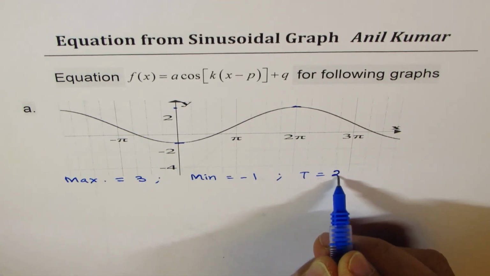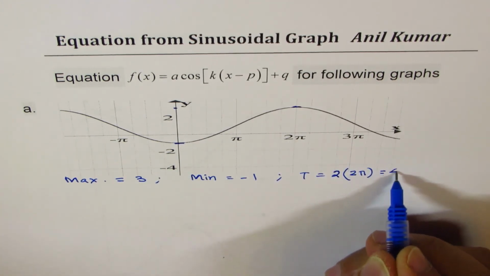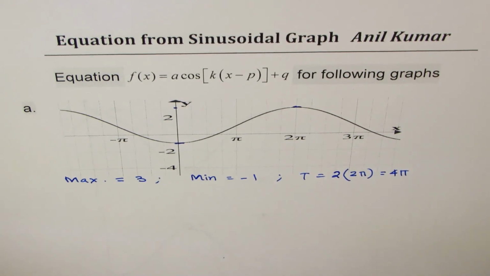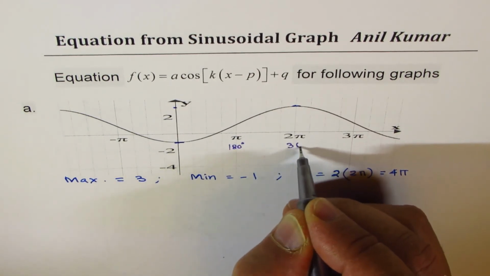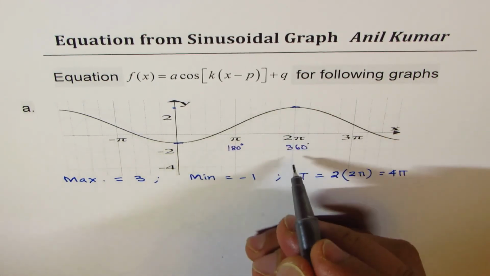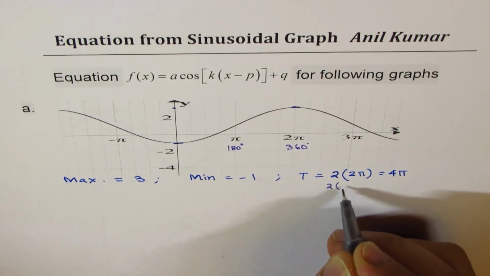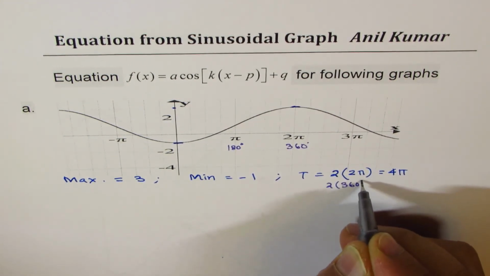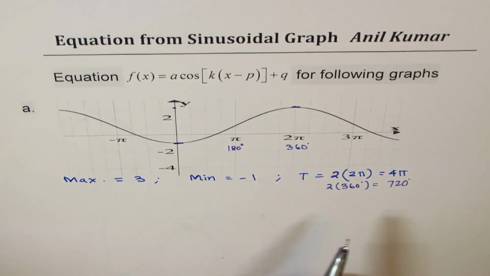So we should say twice 2 pi, which means 4 pi, correct? In case you are working in degrees, pi is 180 degrees and this is 360 degrees, so half wave is 360 degrees. The time period for those doing it in degrees will be 720 degrees, correct? So we can write the equation in both degrees and radians.